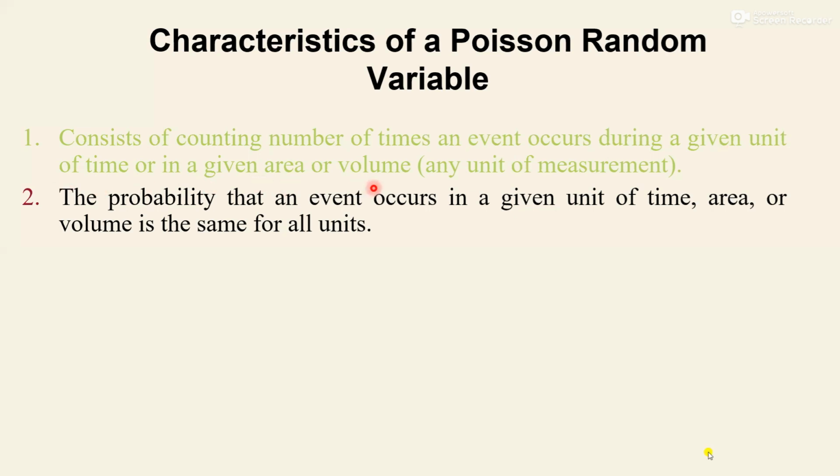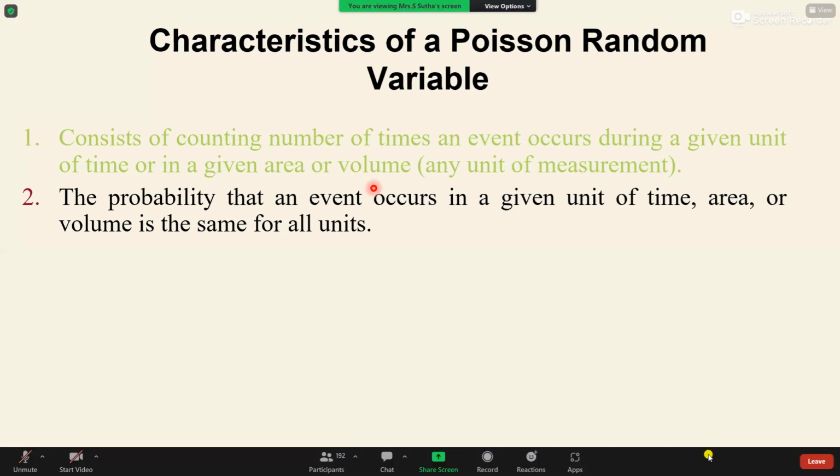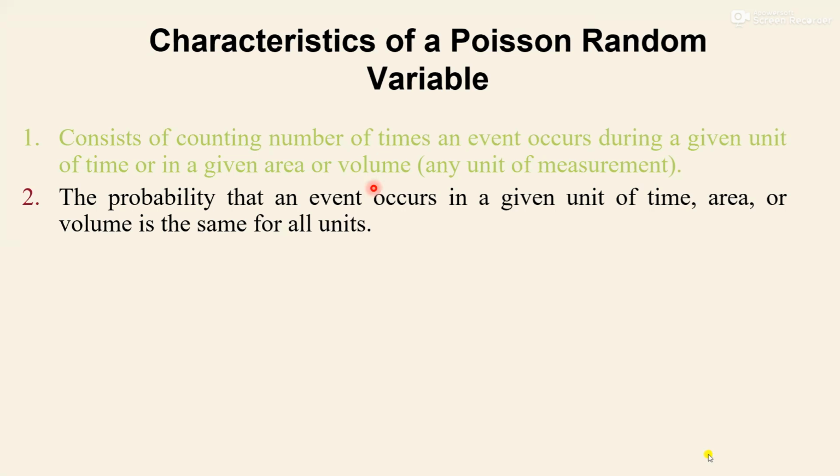But in the binomial, we are counting the number of successes in the trials, in 5 trials or in 10 trials. But instead of trials, in the Poisson random variable, we are counting events during a given unit of time or in a given area or volume.